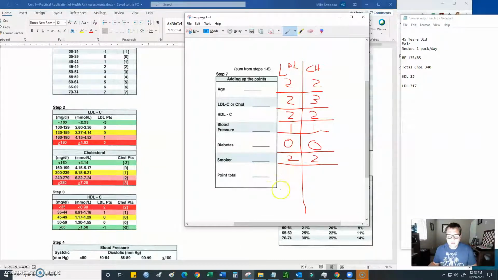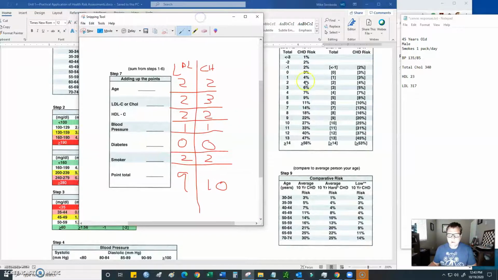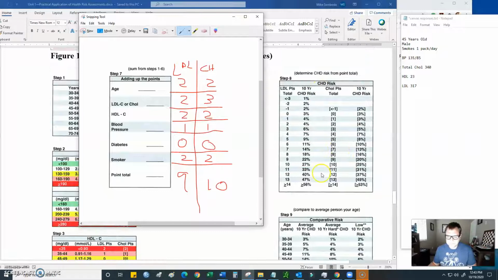So his LDL total is 2, 4, 6, 8, 9 points. His cholesterol total is 2, 5, 7, 8, 9, 10 points. If I then go over to my risk factors here, his LDL points total was 9. His 10-year heart disease risk is 22%. And his total cholesterol score was 10.